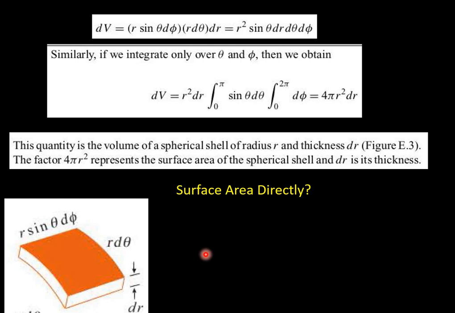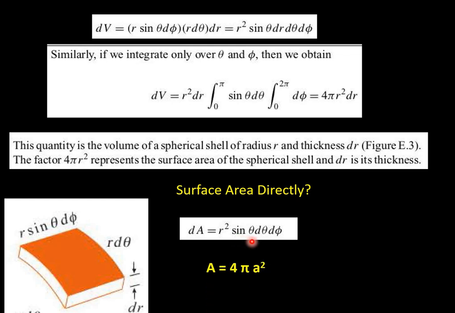So if we call it dA, then dA is r square sin theta d theta d phi. By the same way, if you integrate, then you will get 4 pi a square: 4 pi from the theta and phi parts, and r square, if you put r equal to a, gives the surface area of a sphere of radius a. I think it sounds very interesting.